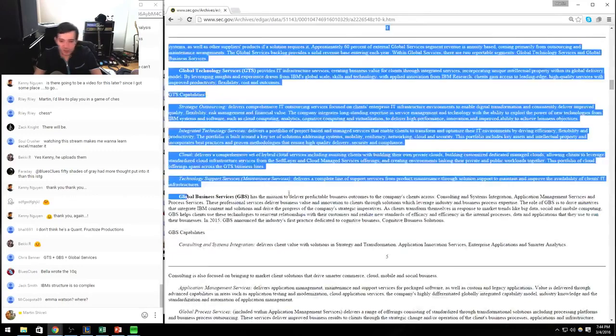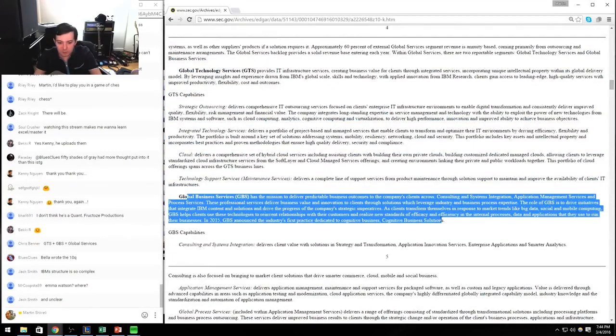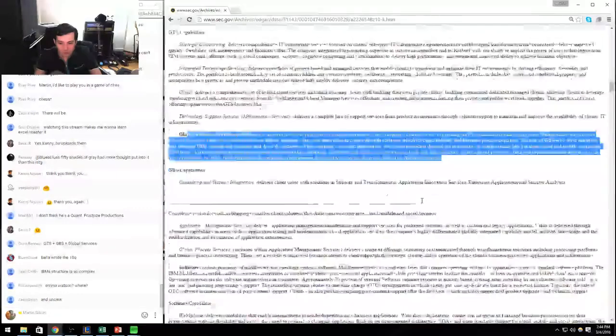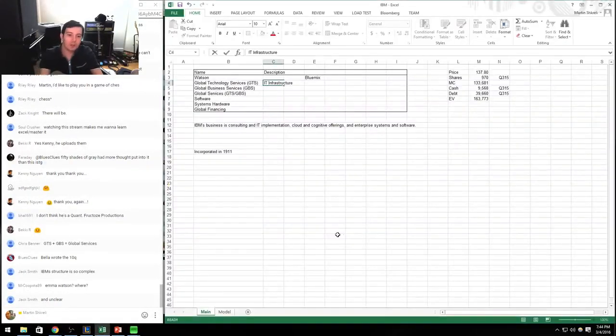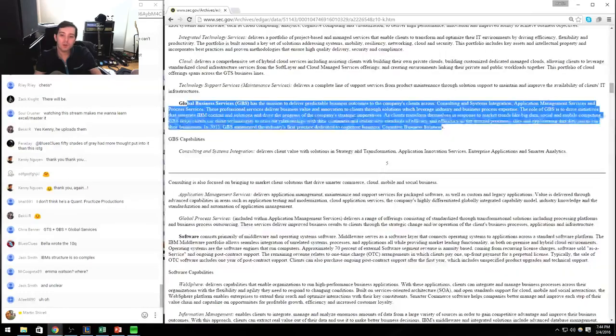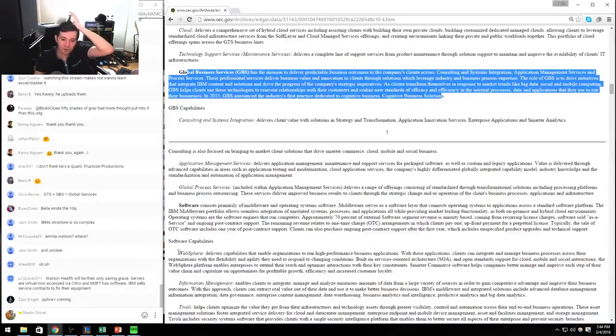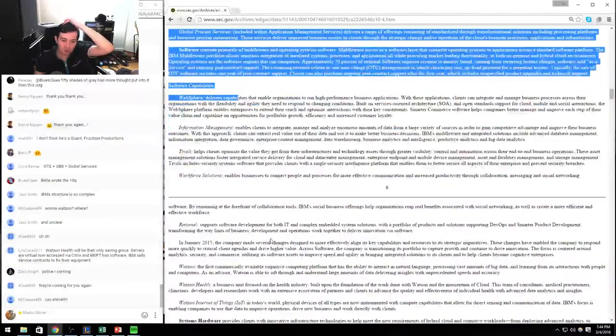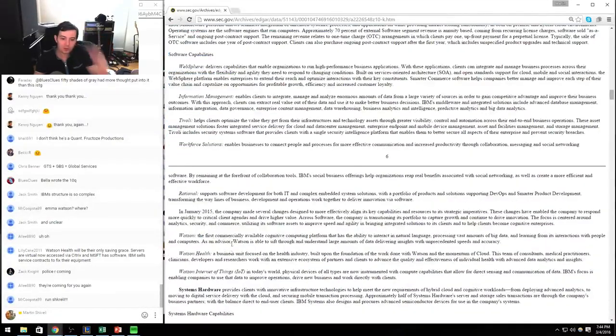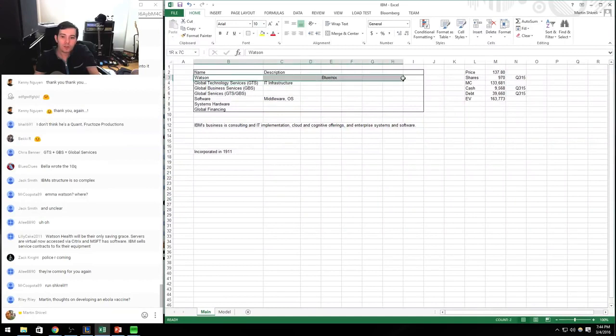How about GBS? Software is easy, but it's middleware and operating systems. IBM has a bunch of software, good software actually. WebSphere is one of their major pieces of software. Watson is another. Let's move Watson under software.